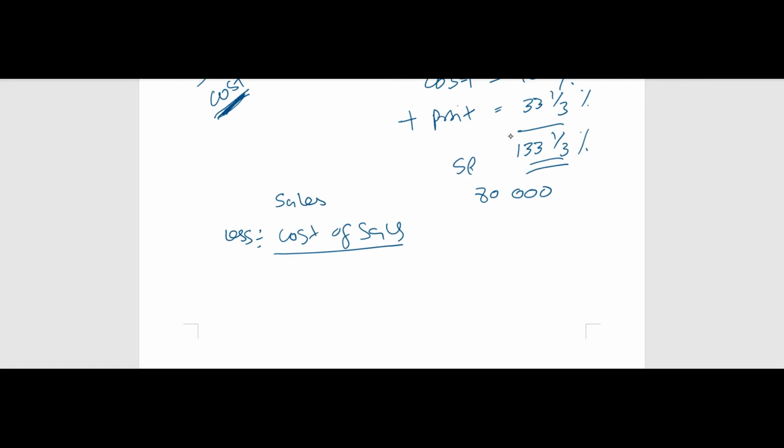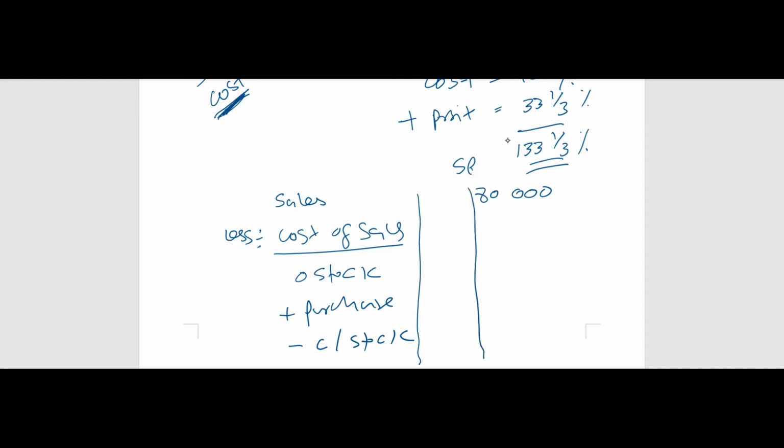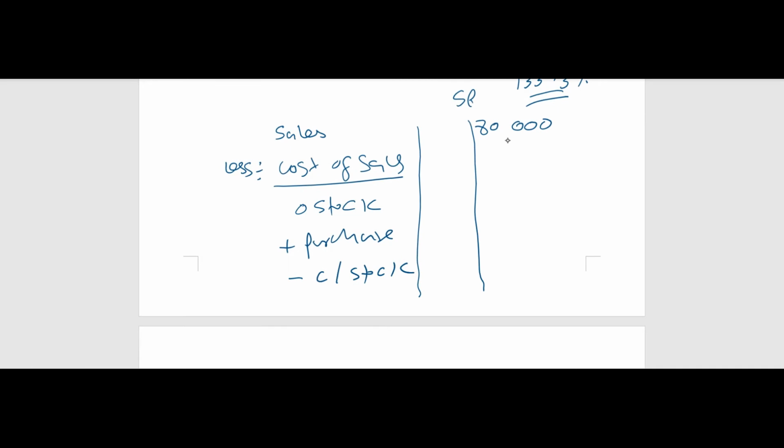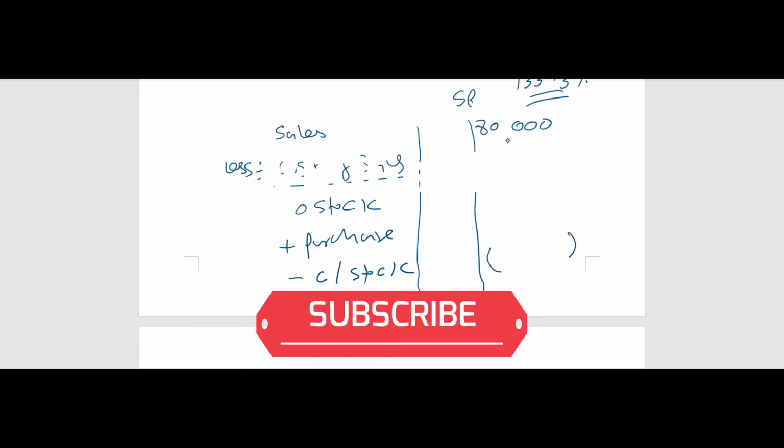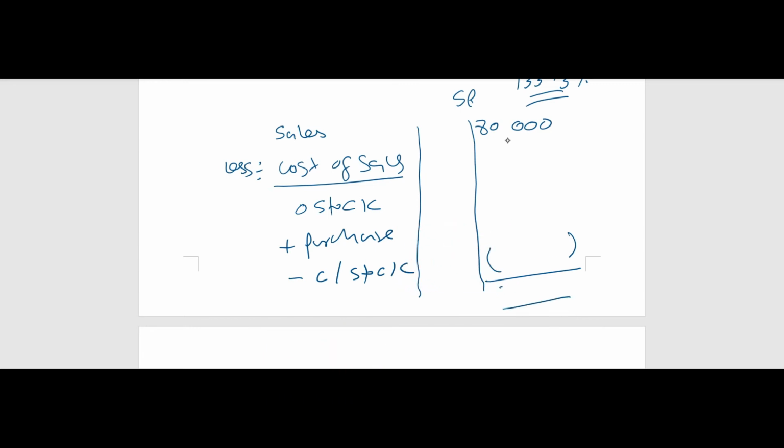How do you calculate cost of sales? Opening stock plus purchases minus closing stock. When you deduct the cost of sales from sales, this will be your gross profit.